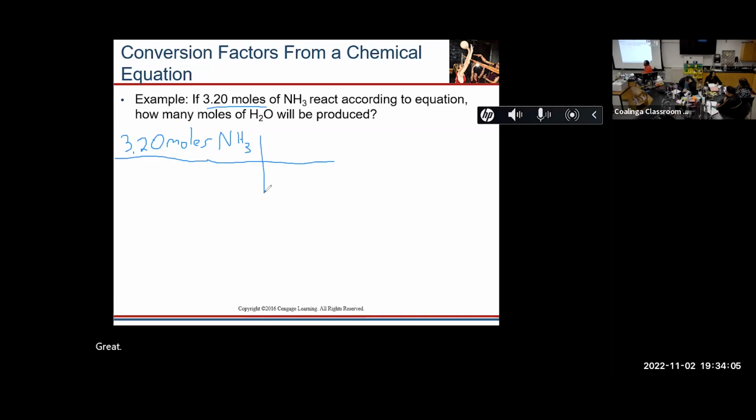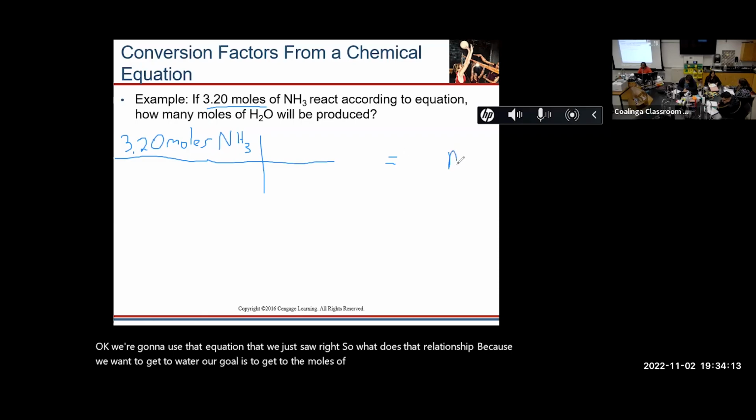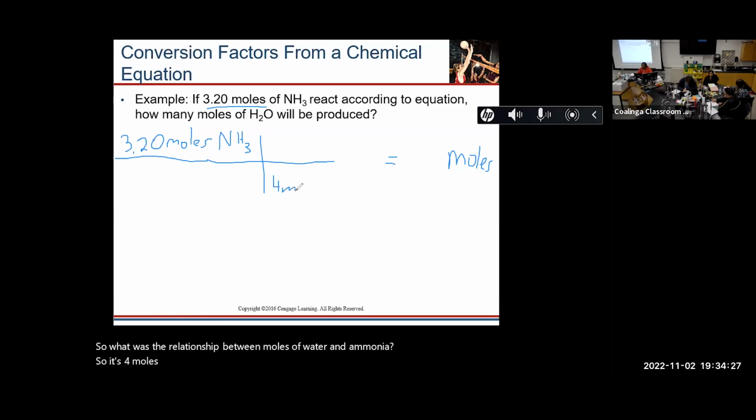We're going to use that equation that we just saw. So what is that relationship? Because we want to get to water. Our goal is to get to the moles of water. So what was the relationship between moles of water and ammonia? So it was 4 moles of ammonia.